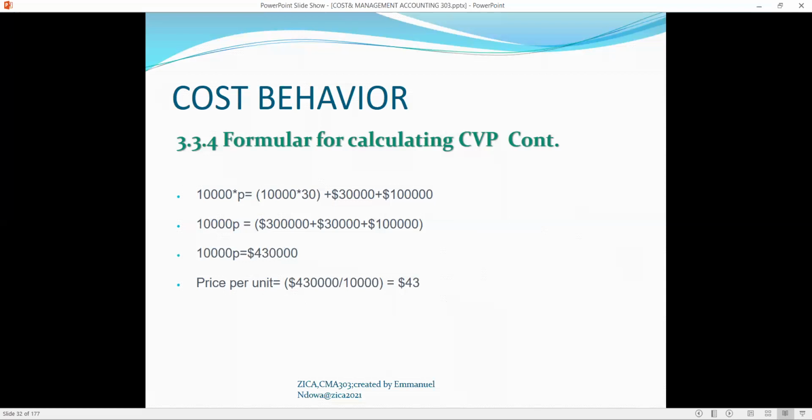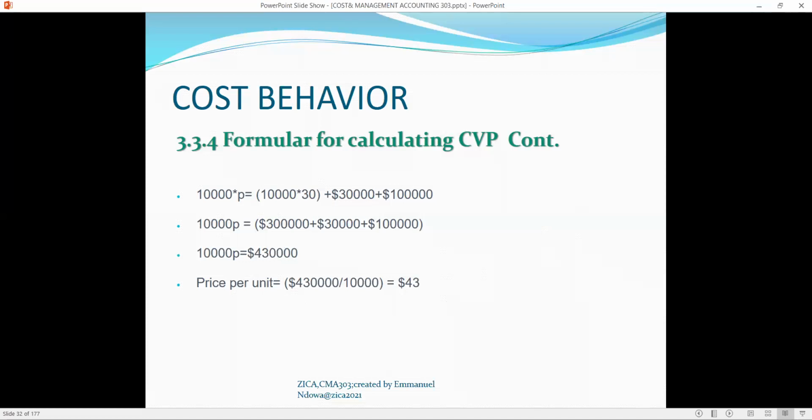Because simply we are saying our anticipated profit is 200,000, isn't it? So we say 200,000 profit plus 30,000 fixed costs plus 300,000 our variable costs.